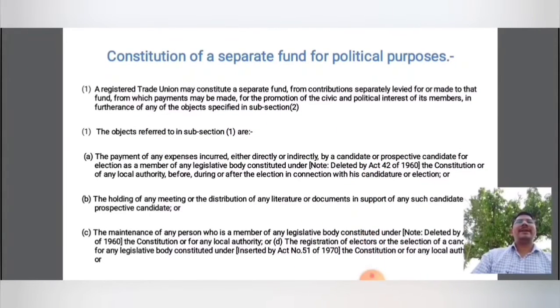So now let us understand the constitution of separate funds for political purposes. They may have funds which are required for political reasons.